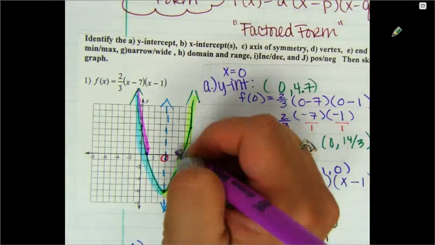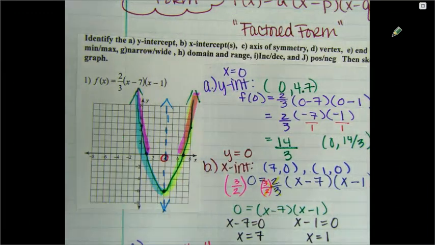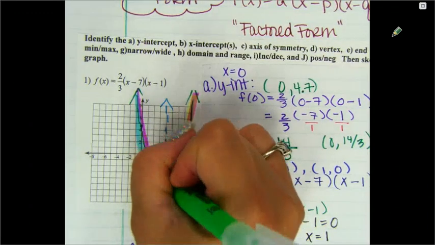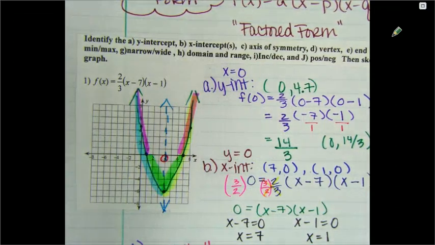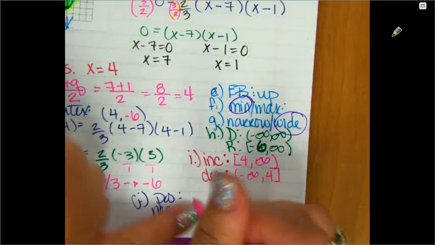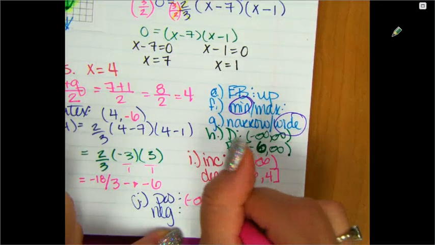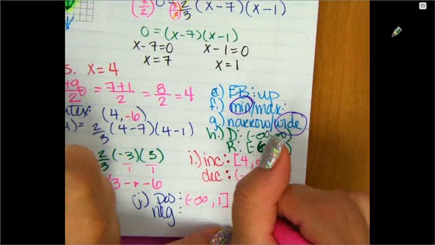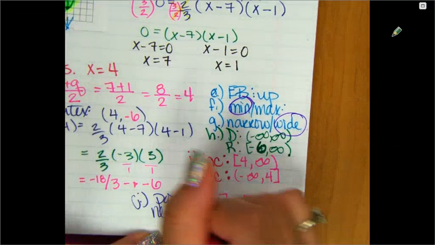So that's positive and that's positive, correct? Where are we negative? The bottom. That's negative. Okay. So for positive, where are we coming from? Negative infinity to 1. And then 7 to infinity. Where are you negative?